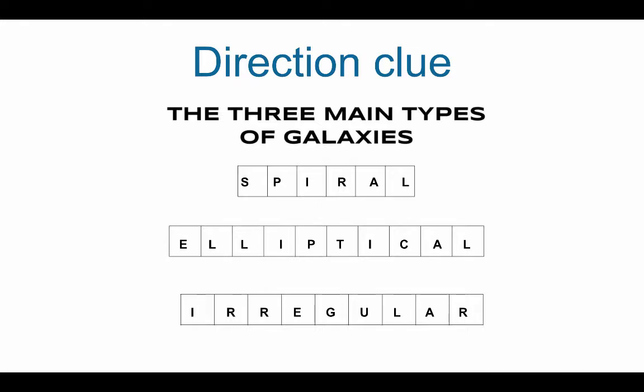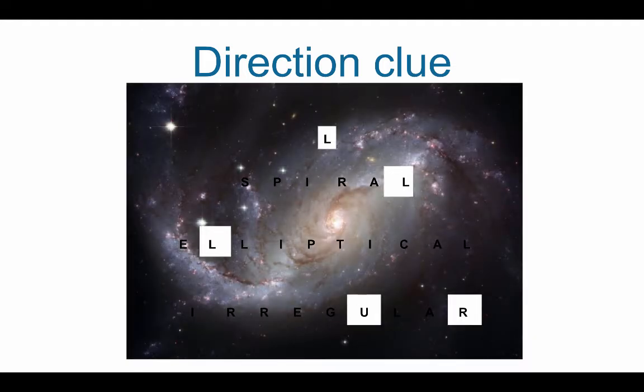To find out the directions using this clue, they will also need to use the piece of paper that you have hidden that contains a galaxy image with some white boxes. By holding that paper over the 3 main types of galaxies and holding it up to the light, they will see the letters L, L, L, U, R: left, left, left, up, right. Those would be the directions on the directional clue.